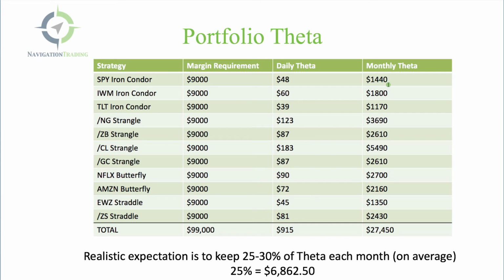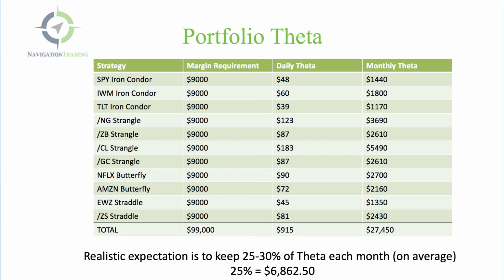So if we add all this up and assume this is our portfolio, our monthly theta amount is $27,450 a month. Okay, that's the monthly theta. Now, not every trade is going to be a winner, right? And we're taking these trades off at a percent of max profit, and we're redeploying that capital.